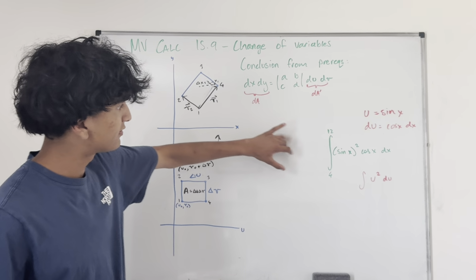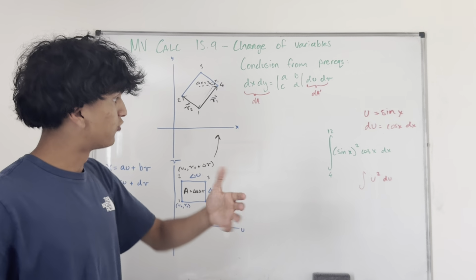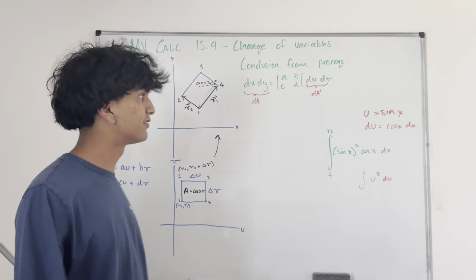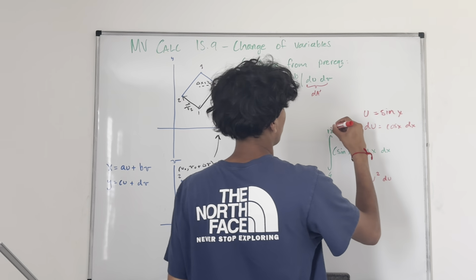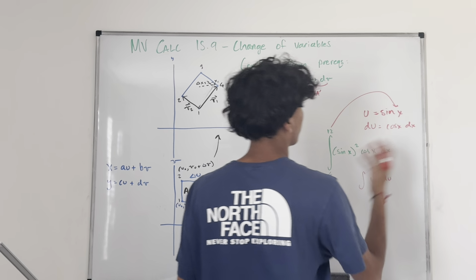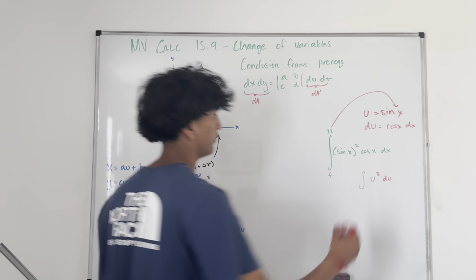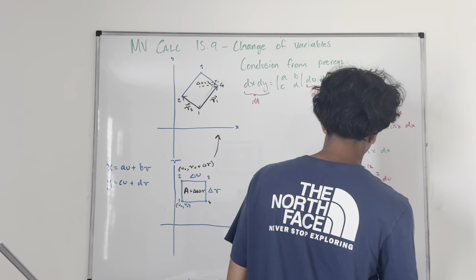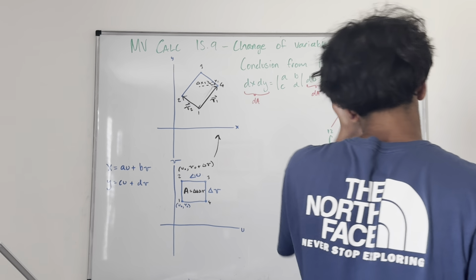So if you were to transform these bounds from the x-axis to the u-axis, that's as simple as just plugging in 12 as x and then 4 as x, and you would get sine 12 and sine 4. I don't know those values, and those are kind of weird numbers to pick, but you get the idea.